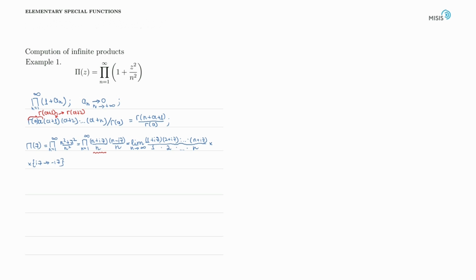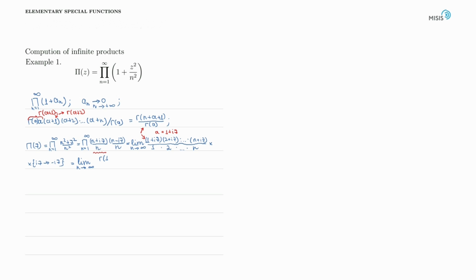Because you see this product which we have here is precisely of the same form as we just addressed here. So a here is simply 1 plus iz, and there are n minus 1 terms, and in the end what you will get is simply, okay, let's rewrite it. So instead of this product in the denominator, you'll get gamma function of n plus a plus 1.